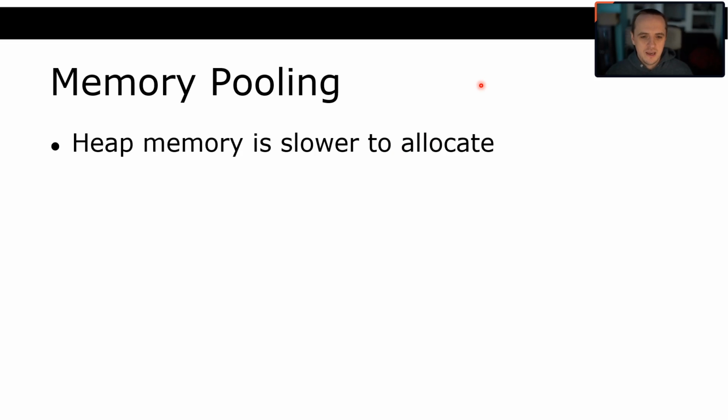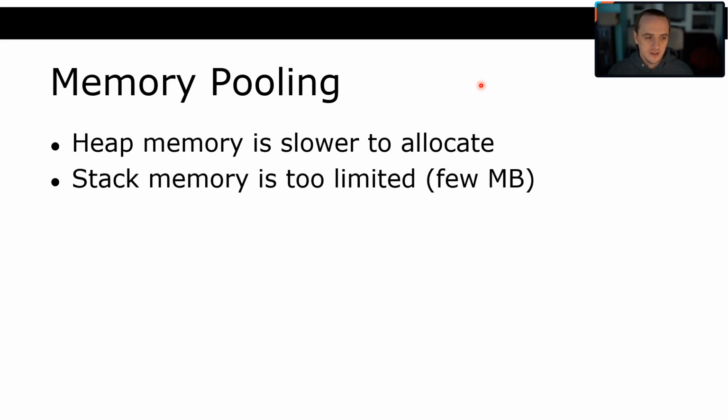Okay, so heap memory is really slow to allocate. Stack memory is really fast, but it's too limited, okay? Stack memory, we just have a few megabytes, and so any interesting game we're writing is going to use more than a couple of megabytes of memory.